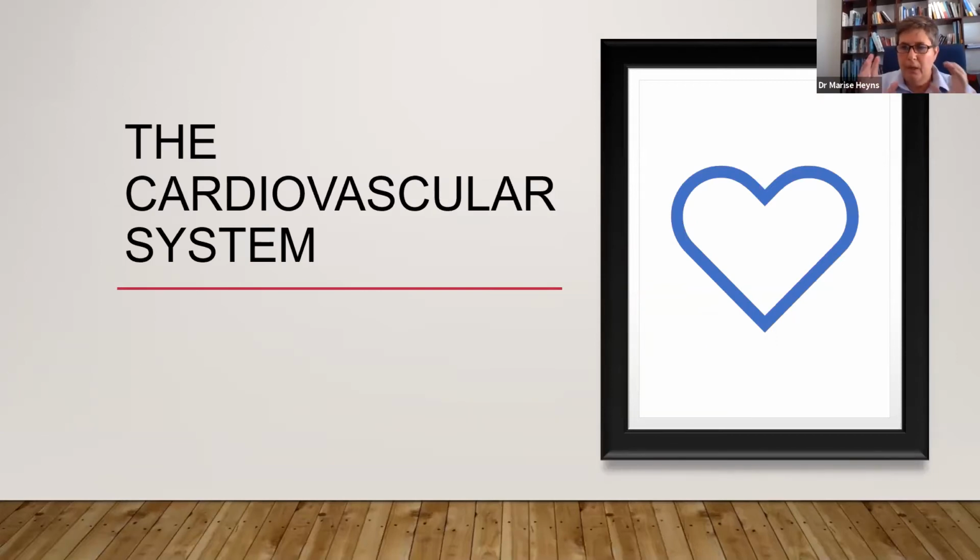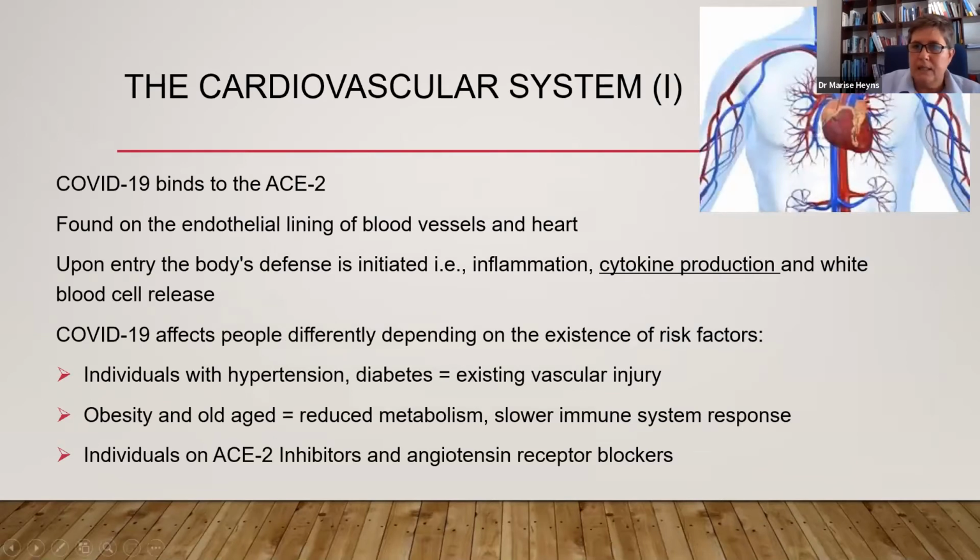Right, so in brief, the big problem with the respiratory system is all your organs need oxygen. And the moment you have a limited oxygen supply, it starts getting a snowball effect. So the cardiovascular system consists of the heart and all the blood vessels coming out and going into the heart.